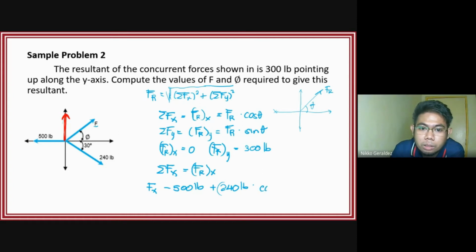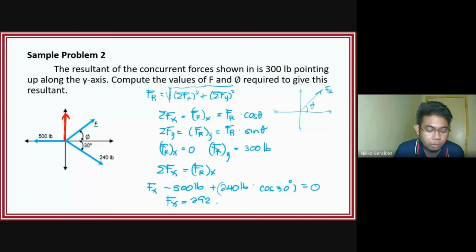So, equal to, what is the x component of the resultant force? x component of the resultant force is 0. So, solving for Fx, transpose mo lang. So, that is 500 minus 240 times cosine 30 degrees.